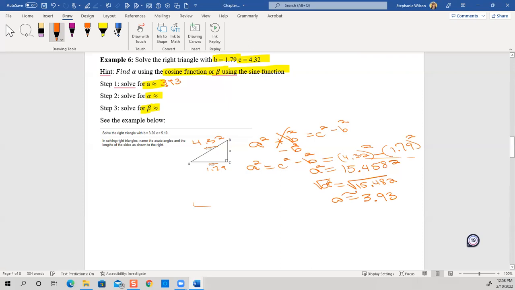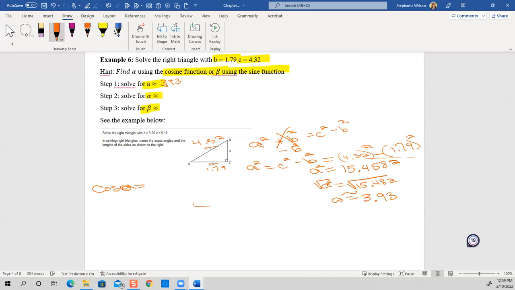So at the top, it said here that we can use cosine if we're looking for alpha and sine if we're looking for beta. So if you notice, we have alpha is next, so that's cosine. I'm getting ahead of myself, guys.